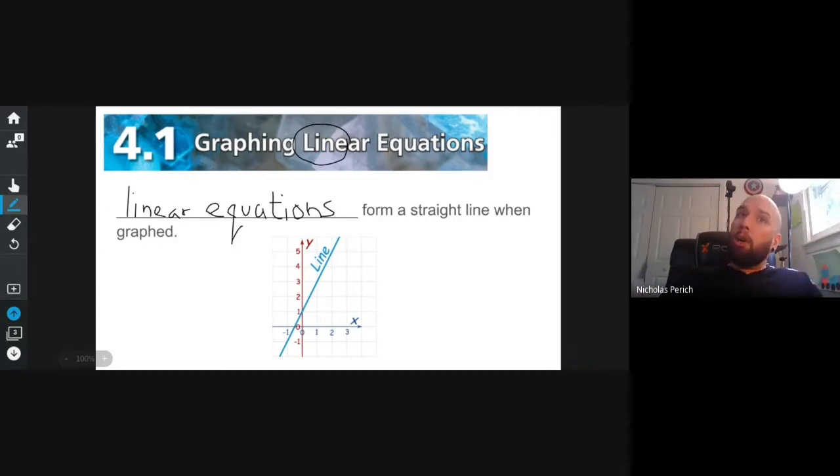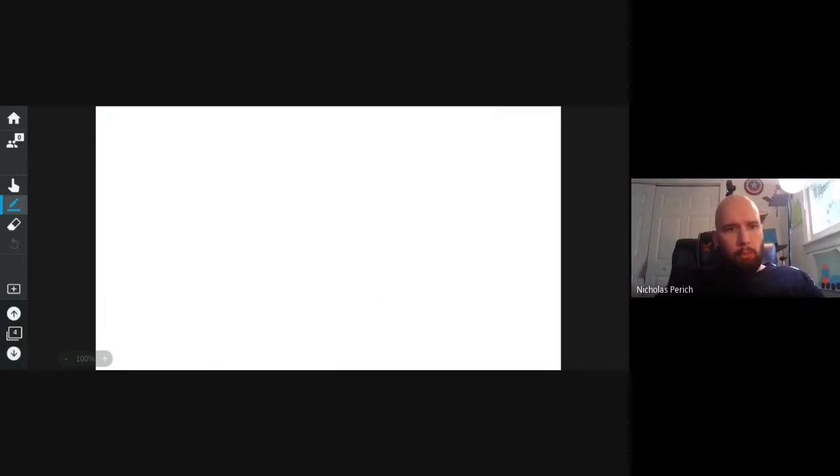That makes sense because the word linear contains the word line in it. When you graph them, they form straight lines. Not two straight lines glued together, not a curve, a straight line, and only a straight line.